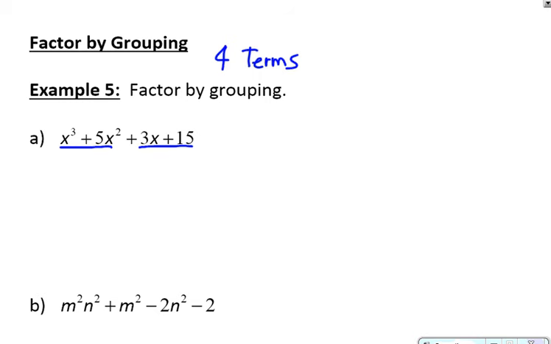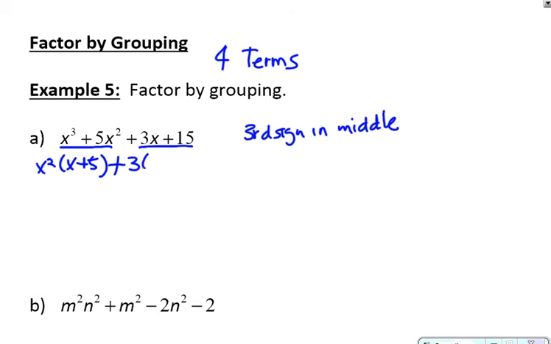Look for the GCF in the first 2, so they both have an x squared in common. That leaves me with x plus 5. Always use the third sign in the middle of my 2 here, so I'm going to put that plus right there. My next 2 have a 3 in common, and that's going to leave me with x plus 5.